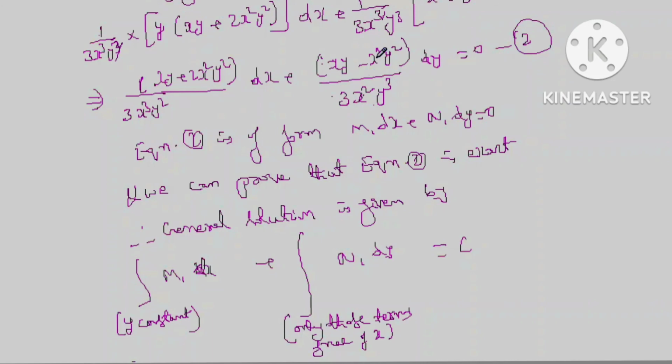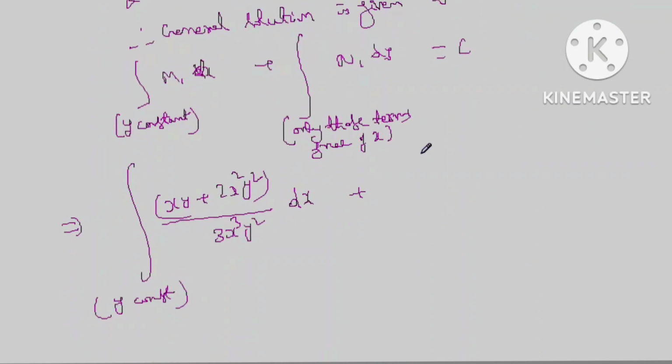So this is x square minus x square y square by 3x square y cube. In that x square gets cancelled, two y's get cancelled out, so in the denominator you have only one y. So what remains is minus 1 by 3y, which is independent of x. So this is minus 1 by 3y dy is equal to c.